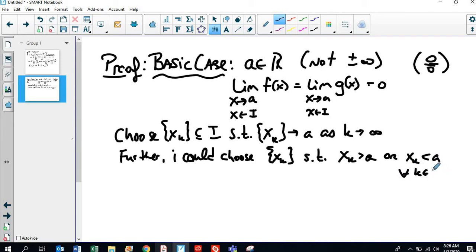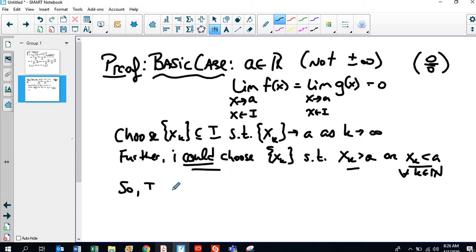I could just pick those. I could take a subsequence, right? If x sub k converges to a, I can just take a subsequence of numbers that are all bigger than a, or the infinite side that's all less than a. One of the two is going to happen. I can do this at least in one direction. The reason I could do that, I'm not going to necessarily write it, but I could do that.